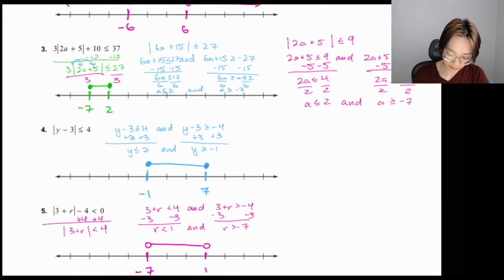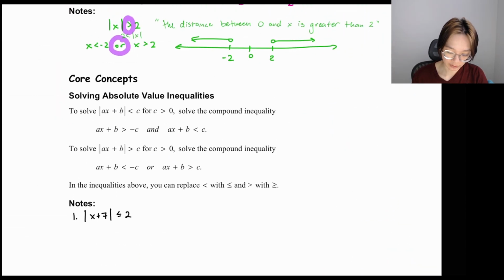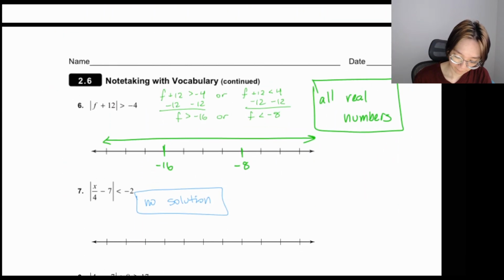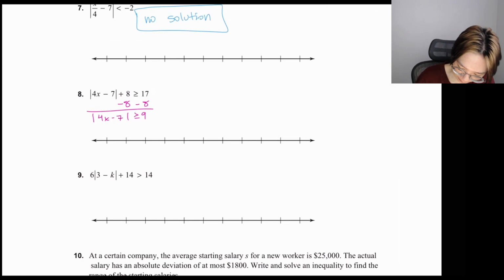Greater than means or. So if we split it off into two inequalities, we have 4x minus 7 greater than or equal to 9, or 4x minus 7 less than or equal to -9. Solve and graph.